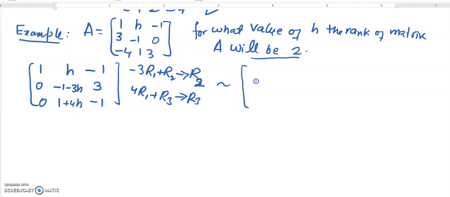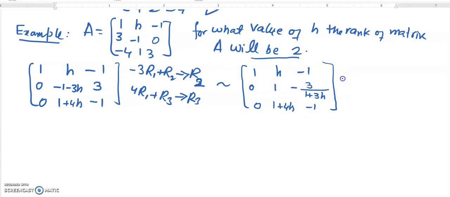So the next step is 1, H, minus 1, and then 0. We can simplify the second row to make this a 1. For this we divide by minus 1 minus 3H. So it will be 1, and then minus 3 over 1 plus 3H. Okay, so 0, 1 plus 4H and minus 1.